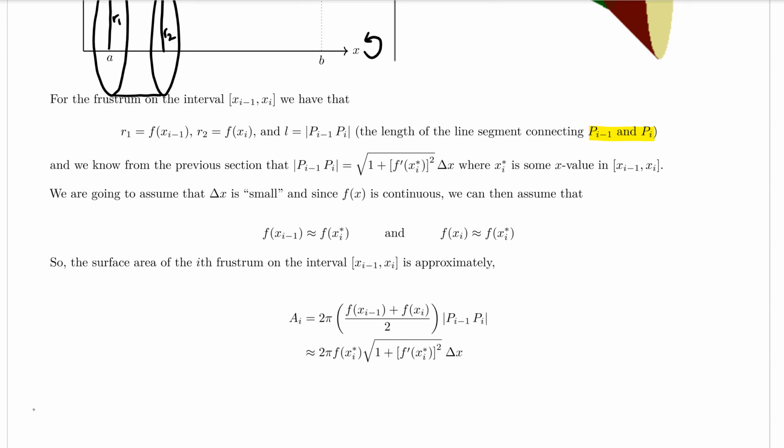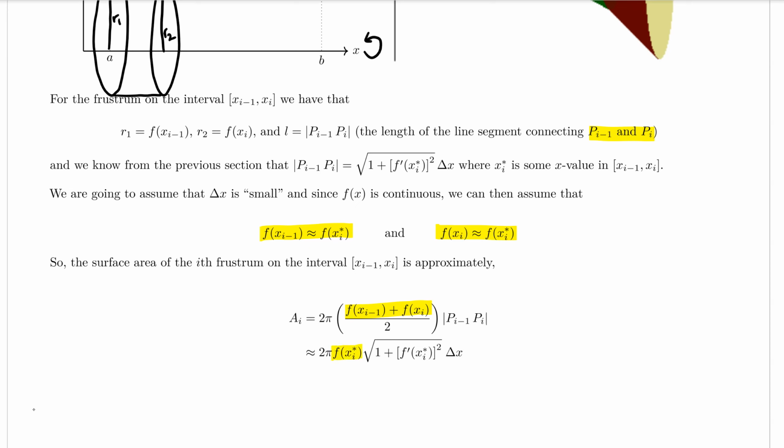Because these are approximately equal to f of x sub i star, we can make that substitution here, and then the 2 f of x sub i star divided by 2, those 2's divide out, and we'd be left with this.